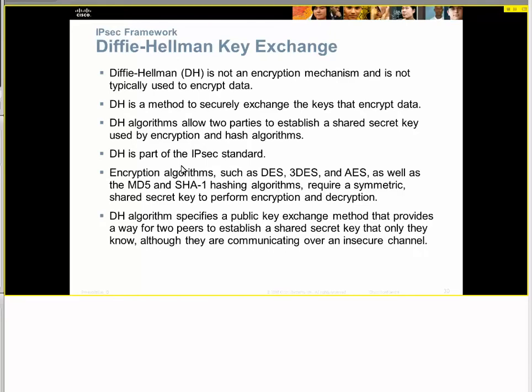The Diffie-Hellman key exchange is not an encryption protocol. It is another framework. It's a mechanism that we use to allow the two sides to negotiate their keys. So what we do is we can securely exchange our keys for encryption and decryption. So Diffie-Hellman allows the two sides to negotiate a shared key.